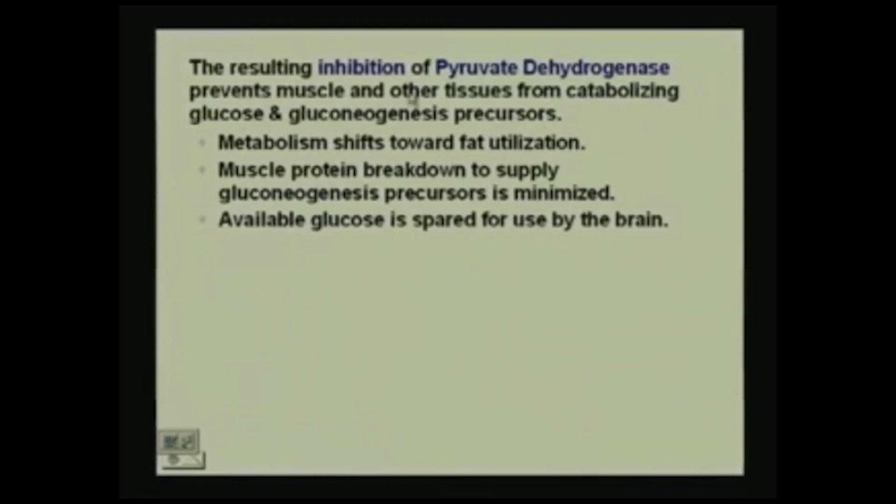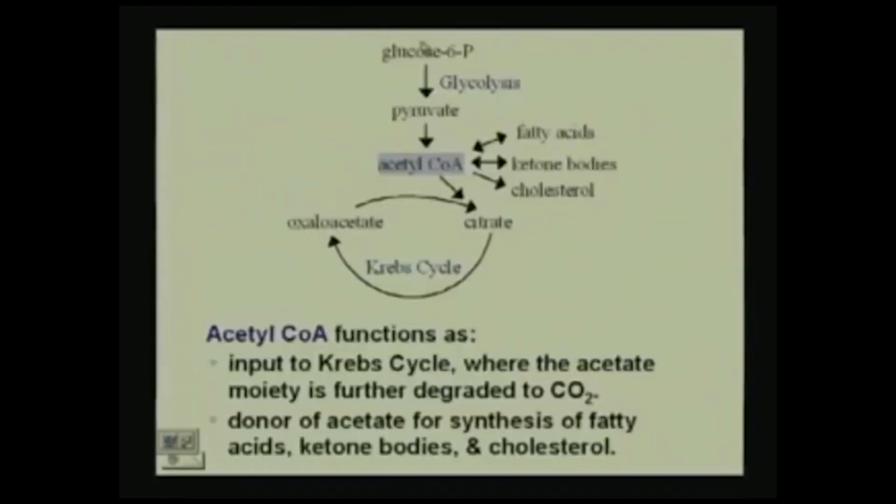Now, the resulting inhibition of the pyruvate dehydrogenase prevents muscles and other tissues from catabolizing glucose and gluconeogenesis precursors. So basically it's just a regulation of the whole system. This product inhibition, you have to recognize, is a regulation of the whole enzymatic procedure.